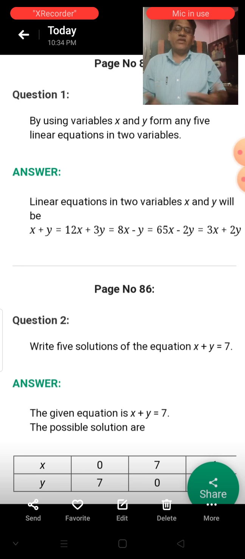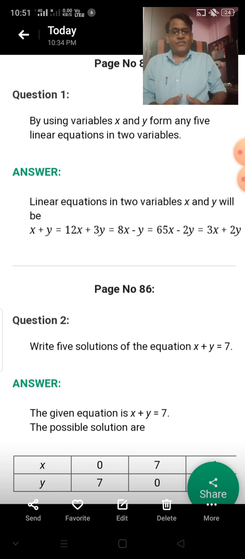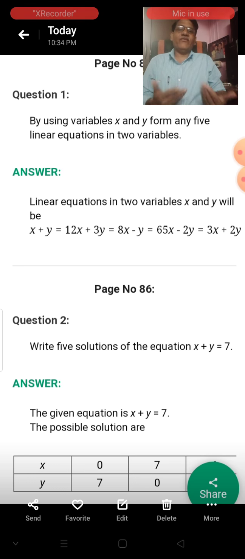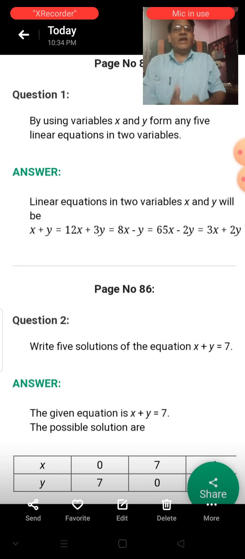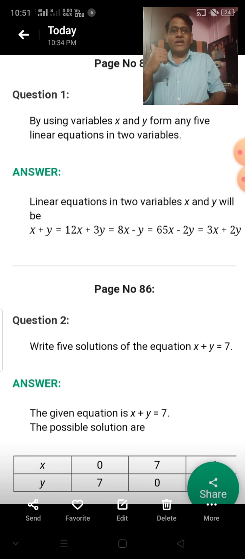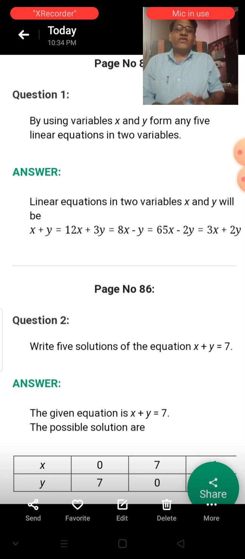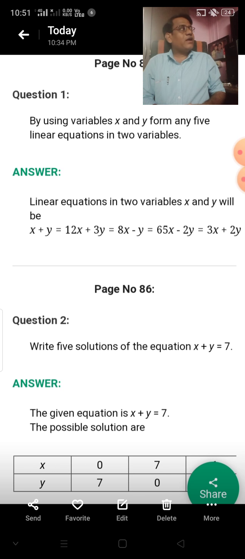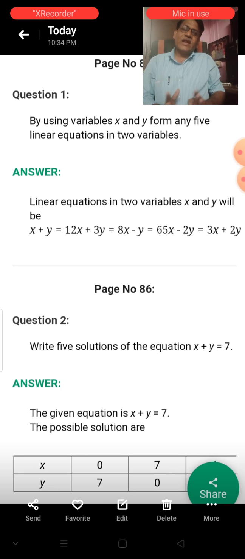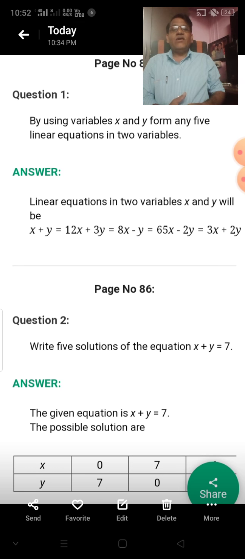We can only imagine values of x and y, but we can't find the actual values. So to find the values of the variables in a linear equation in two variables, you have to consider two equations, which are called simultaneous equations. Means in both equations, the value of x and the value of y is the same. When they are simultaneous, then only you can find the values of the variables.